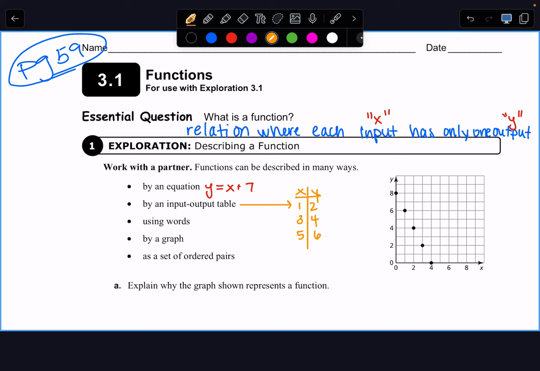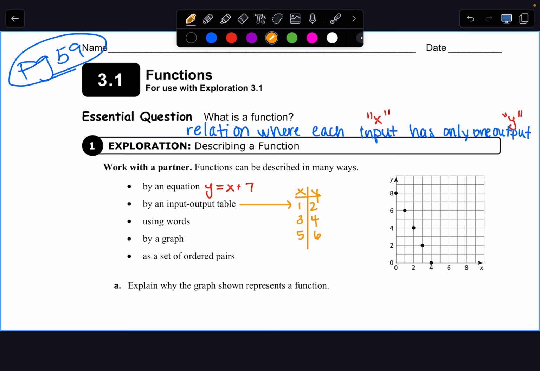When my input is 3, my output is 4. Using words, we could describe what's happening.